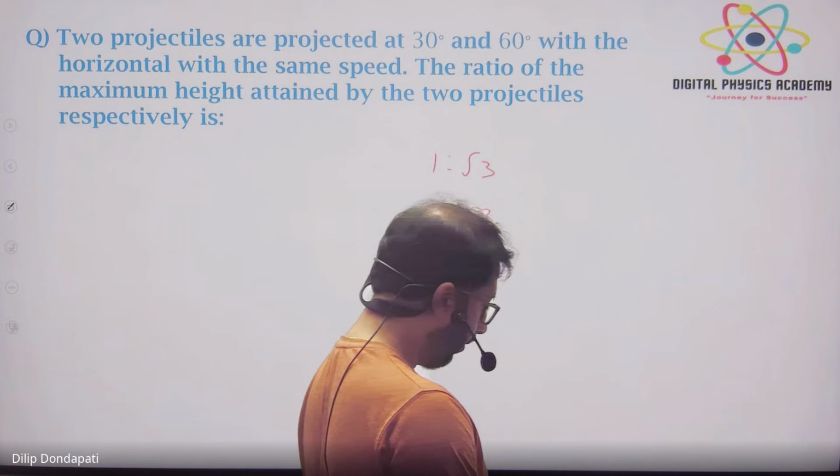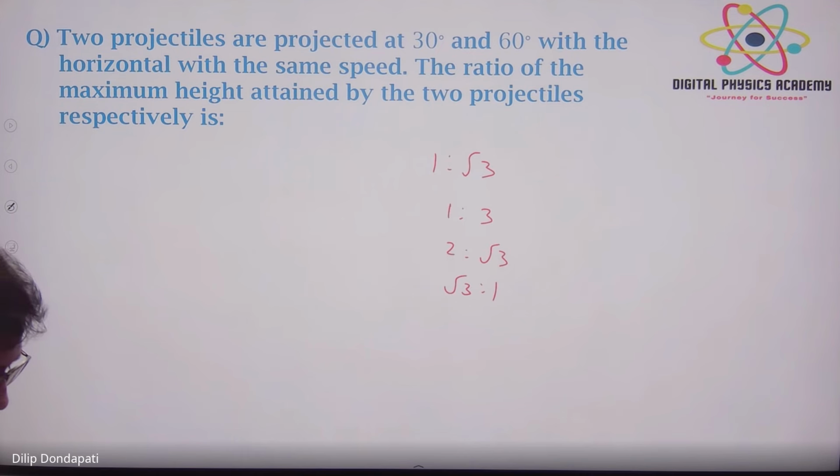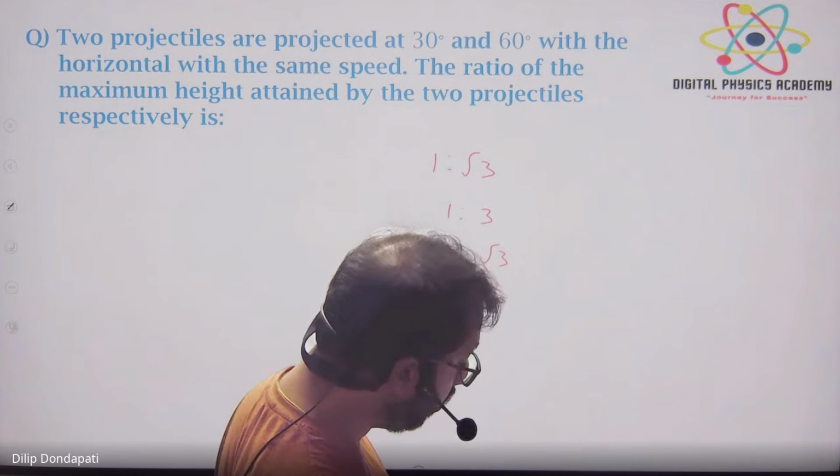Sir, 1:3. 1:√3? देखेंगे. Sir, tell me. Sir, I'm getting 1:3. 1:3?